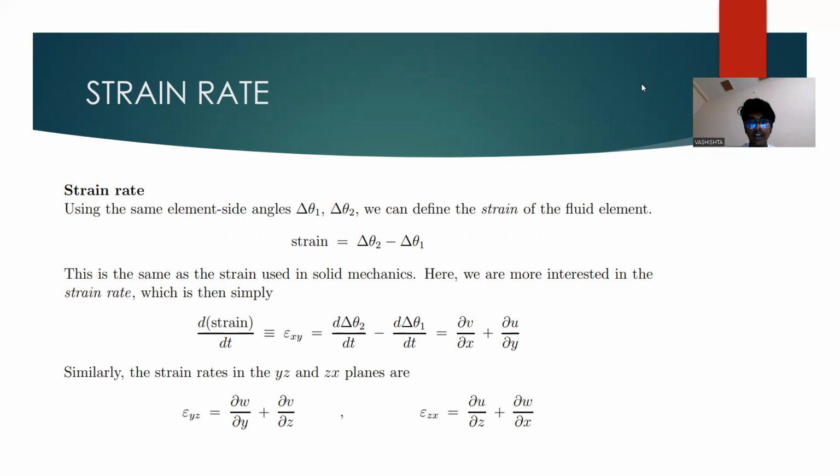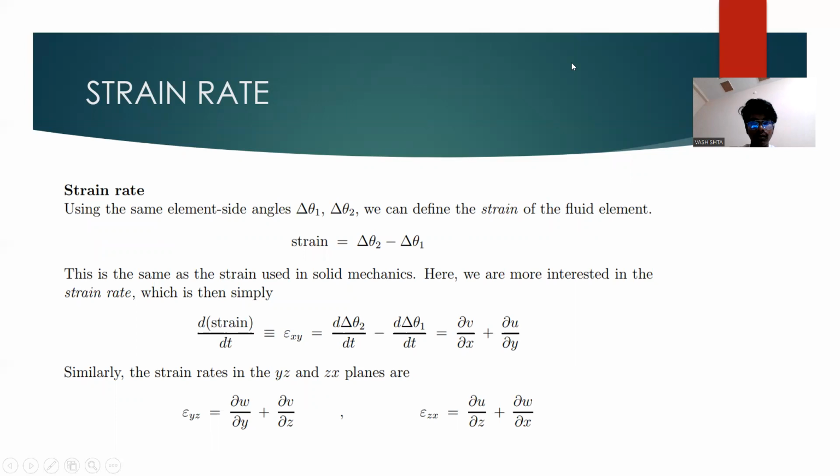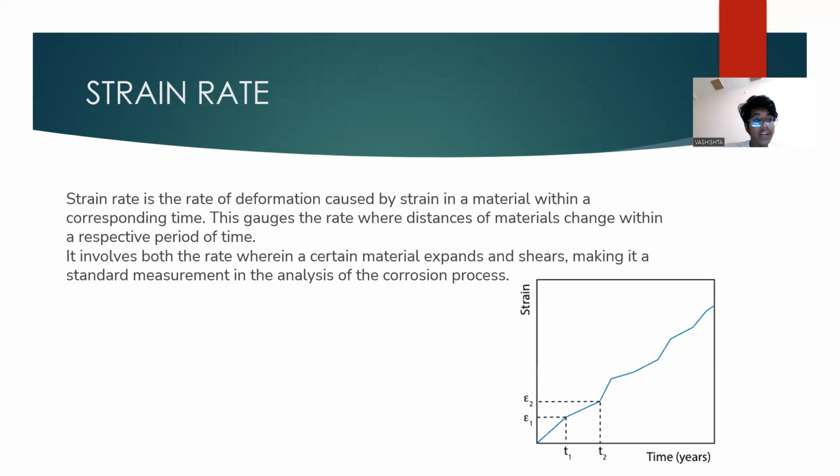Similarly, the strain rates in the yz and zx planes are: εyz is equal to ∂w/∂y plus ∂v/∂z, and εzx is equal to ∂u/∂z plus ∂w/∂x.